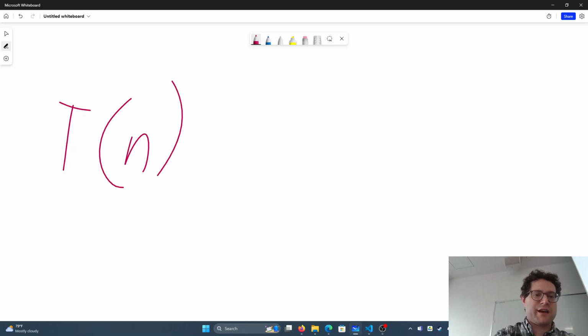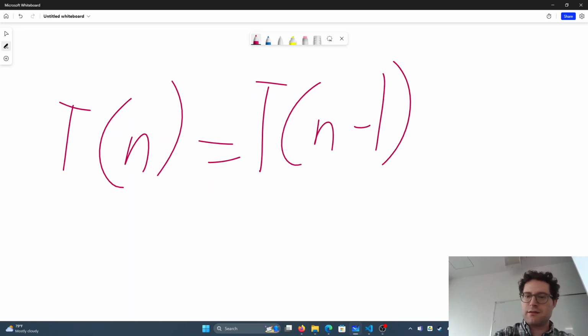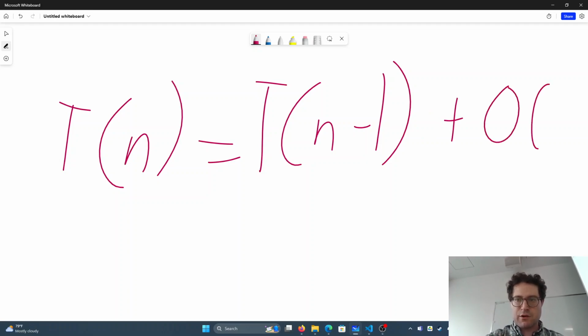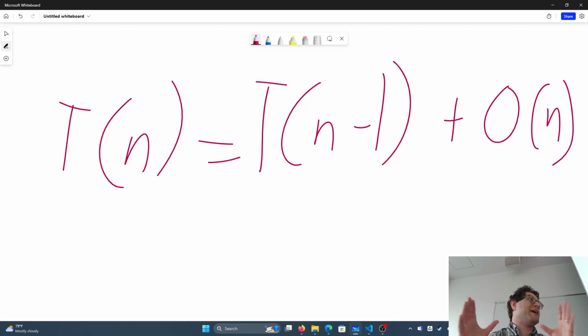Selection sort, if we were to define it recursively, is equal to T of n minus 1 plus O of n. Where did I get that? Selection sort looks for the smallest item, moves it into the first index, and then does the same for the remaining items, which is a subarray of size n minus 1, right?